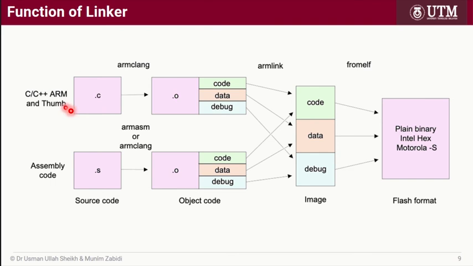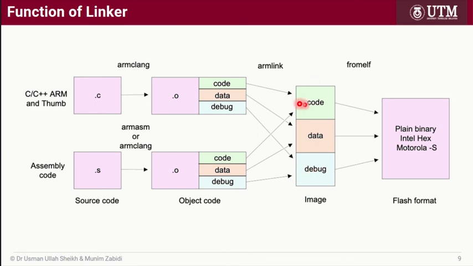So you have a file from your C or C++, and then you have assembly code, and you turn them into object files, because each object file has its own code, its own data, its own debug information. Before you can execute these, you need to link them together so that the code goes to the code section, the data goes to the data section, while the debug goes to the debug section.